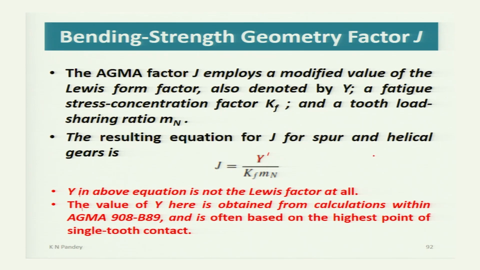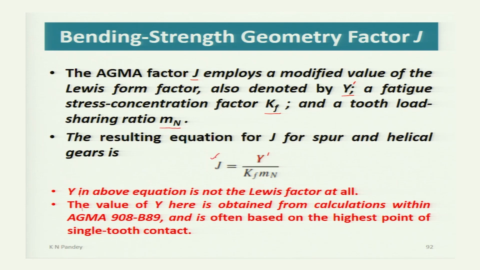It is also denoted by Y dash, a fatigue stress concentration factor as we discussed just now, and a tooth load sharing ratio Mn. So, J is given in terms of Y dash, the modified Lewis form factor, the stress concentration factor Kf, and the load sharing ratio Mn.